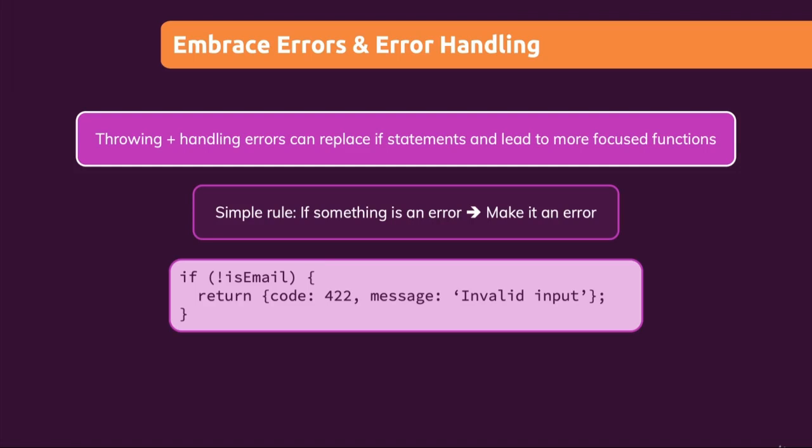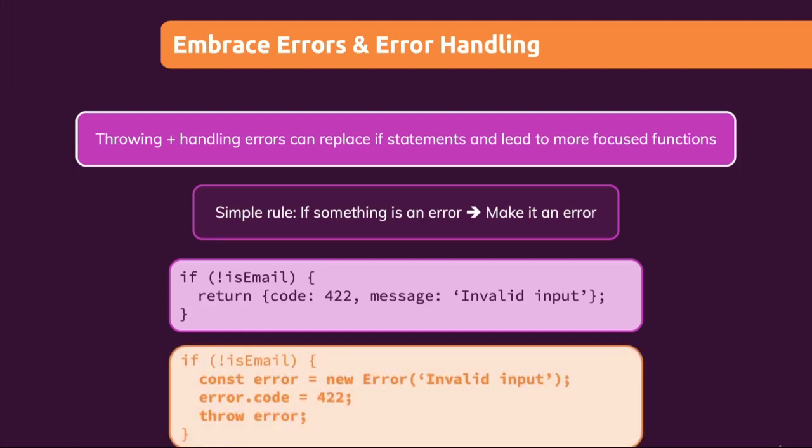And then in other parts of our application, we could check for this object, check the code in there, and then run code depending on whether we have code 422 or if we maybe were successful. So in the end, what we're doing here is we're constructing an error without really using the built-in error mechanisms all modern programming languages offer to us.